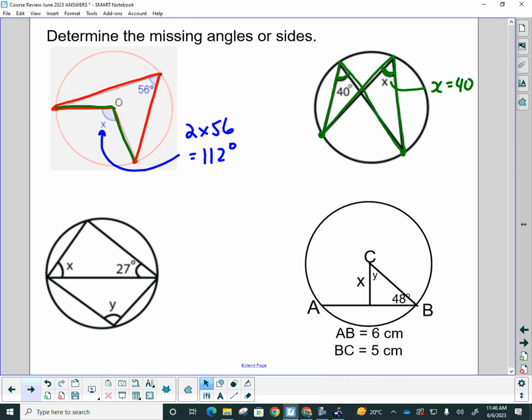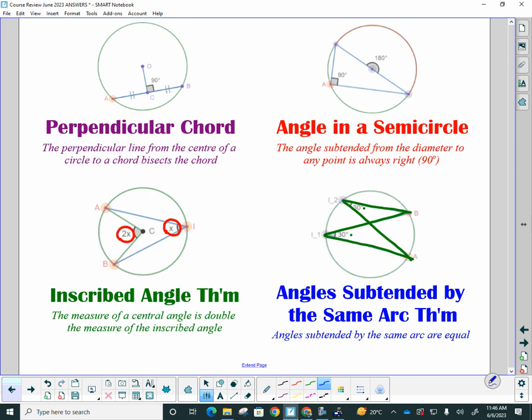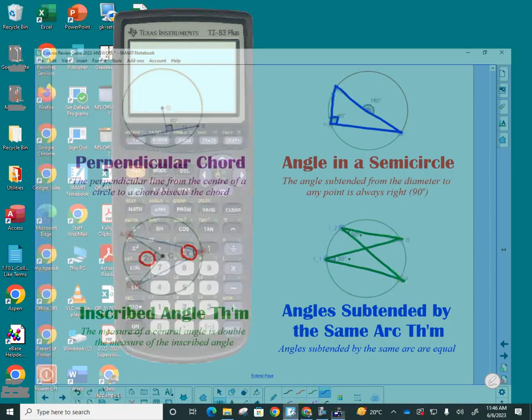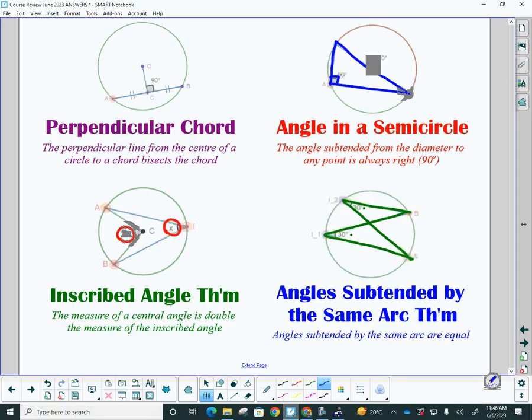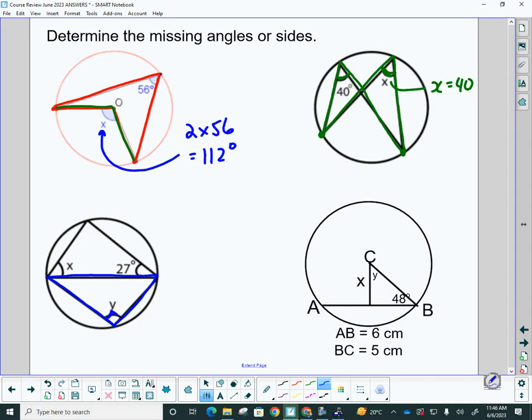Next, we have a diameter and 2 points coming from the diameter. This one's here. Let's find that one first. Well, if we go back to our properties, that's the angles in a semicircle. So we have a diameter and coming to a point, and that's 90 degrees. So in ours, in here, we have this is 90 degrees.